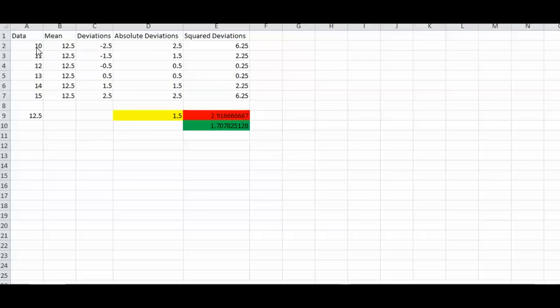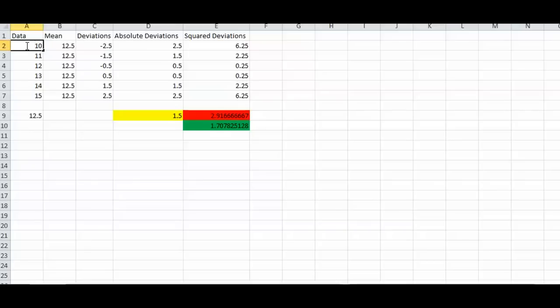So since this number will be further from the mean, it'll give us a bigger deviation right here. And also, if I change this to 20, this data value will be further from the mean of 12.5. So instead of it being 15 minus the mean, it'll be 20 minus the mean, which will give us a bigger deviation right here.